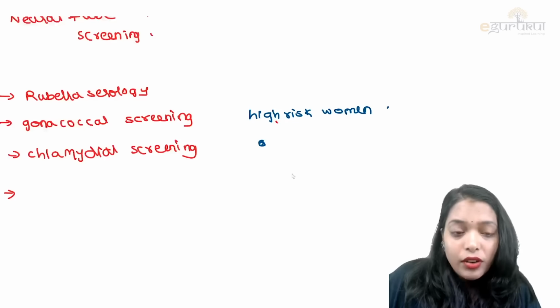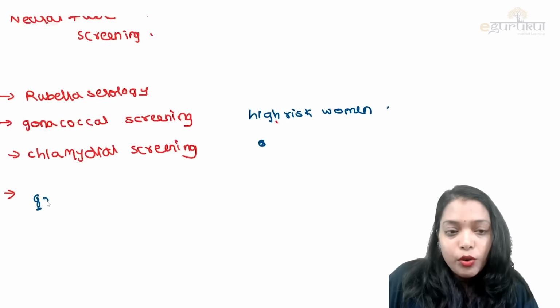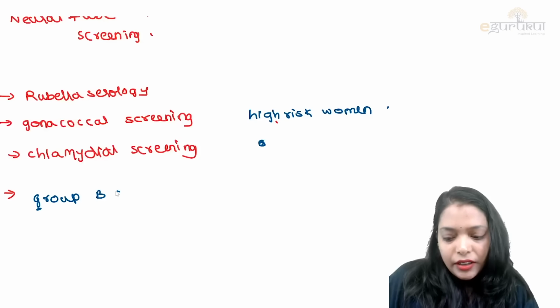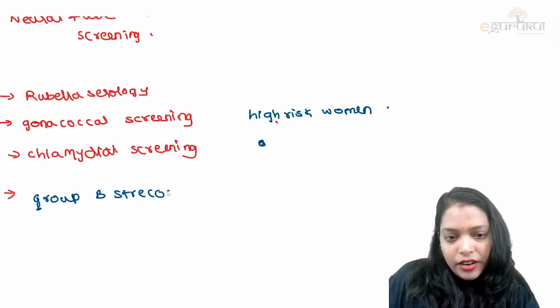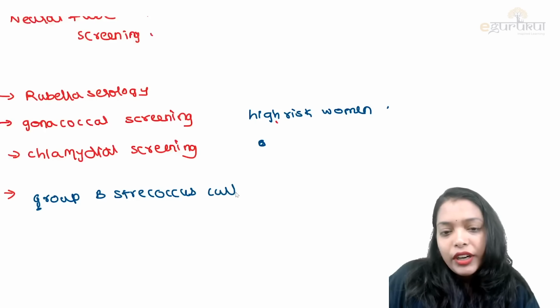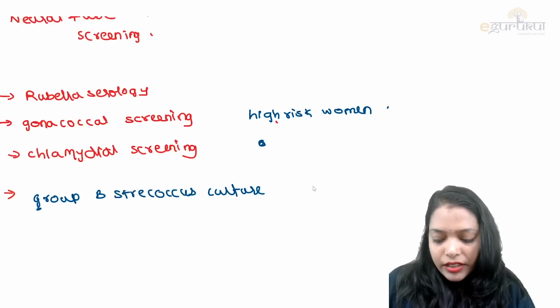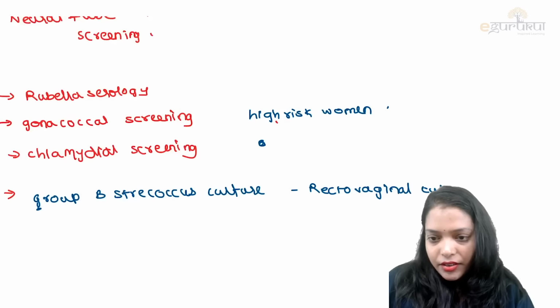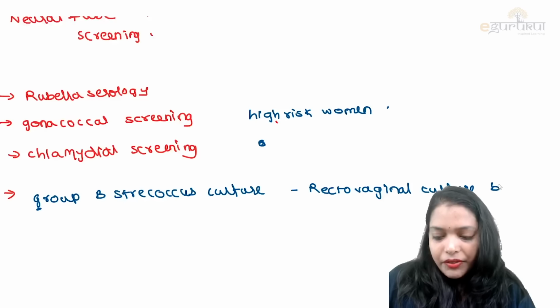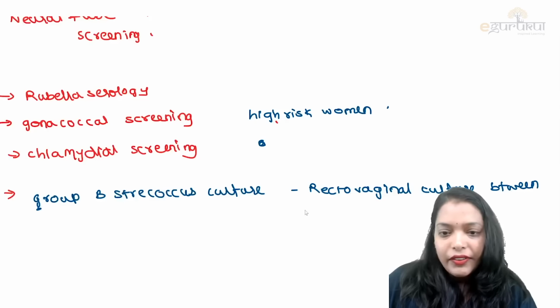Next, they have also added Group B streptococcal screening. Earlier we used to do it only if they had PROM or preterm labor, right? Now we have to obtain a rectovaginal culture for all women between 35 to 37 weeks.